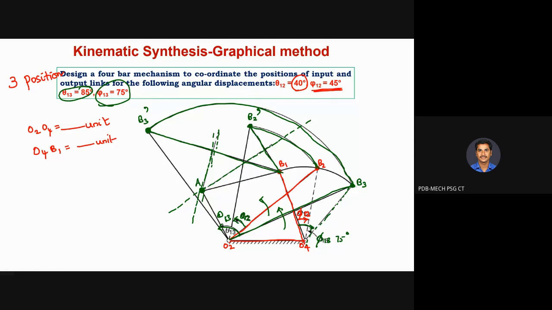So once A is obtained, the difference from the previous problem is that in the previous problem we got only one mid normal. So along the mid normal we assumed point A anywhere, connected with O2 to get the crank, and connected with B1 to get the coupler. But now if you look at the 3 position problem, your point A is fixed, because of the intersection of two mid normals. So in this intersection you can connect with B1 to get the coupler and with O2 to get the crank.